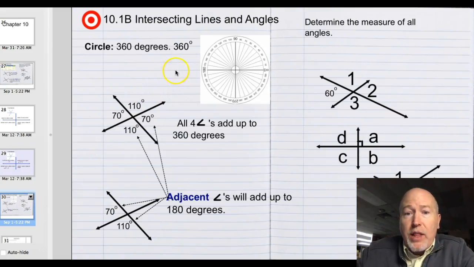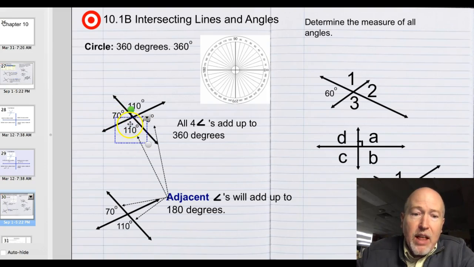You need to understand that whenever you have two lines that intersect, like these two lines here, the sum of the angles will be 360 degrees. Add them up. 110 plus 70, that's 180. 70 plus 110, that's 180.